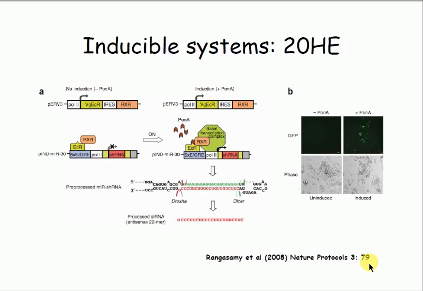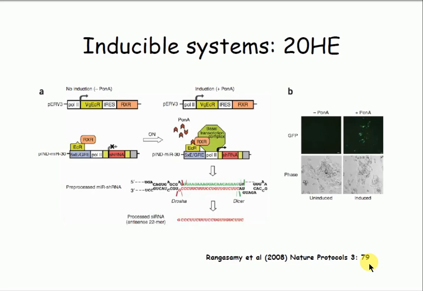And they bind together to this response element. Now, if there is no ecdysone, they will not recruit the transcription machinery. If you provide ecdysone, then this will bind to the receptor, and this will recruit the transcription machinery. And then we get transcription.